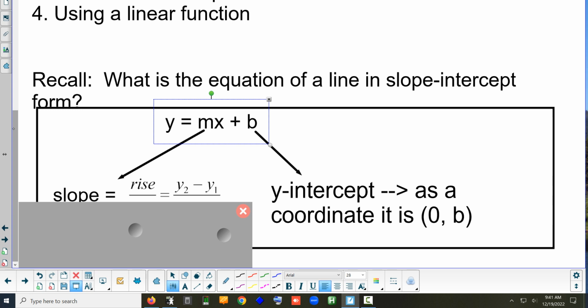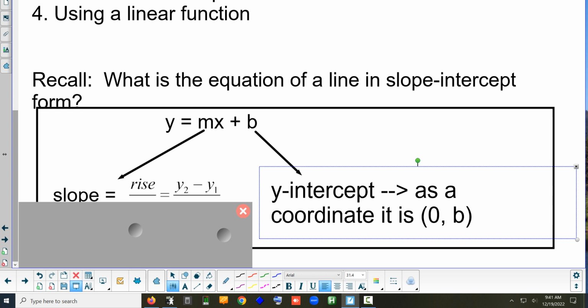The reason it's always a 0 here is because the y-intercept is always on the y-axis. And if you have a coordinate and you want it to be on the y-axis, you can't move left or right. You have to stay on the axis. So the first number is always 0, and the second number is whatever the y-intercept is.